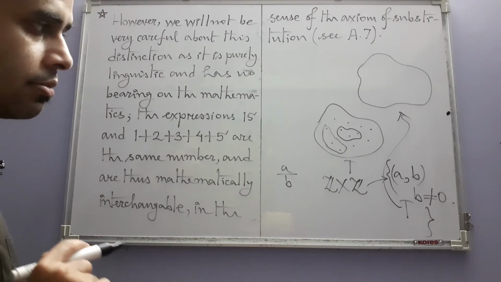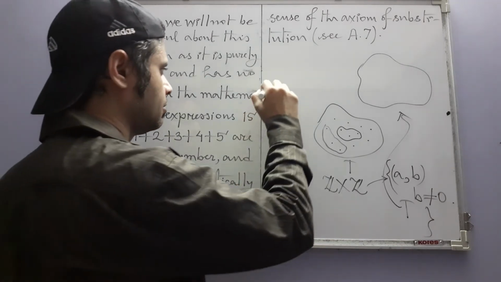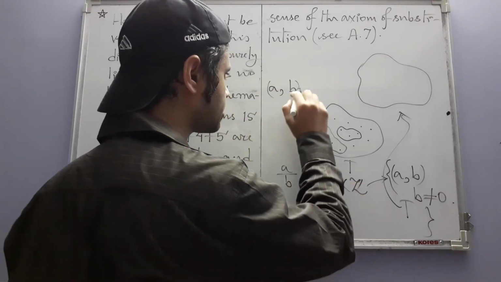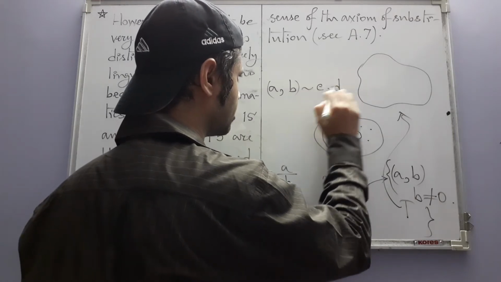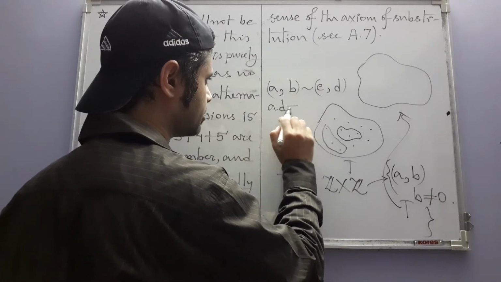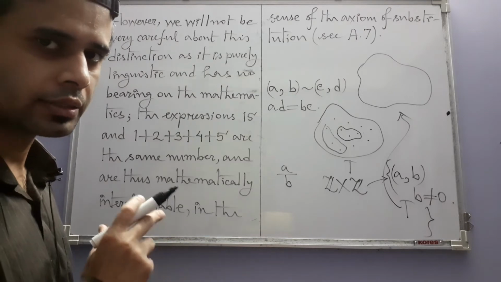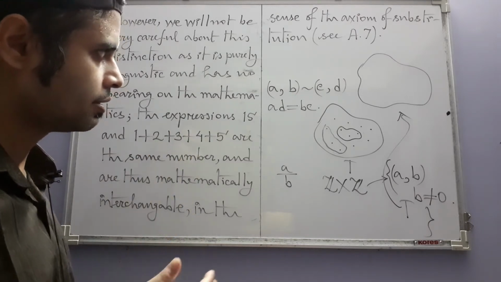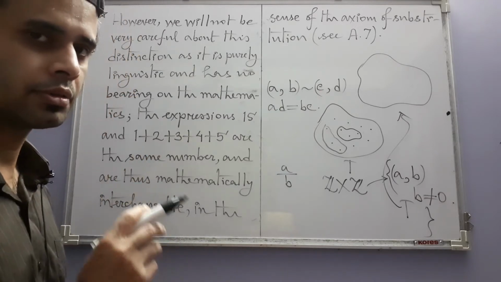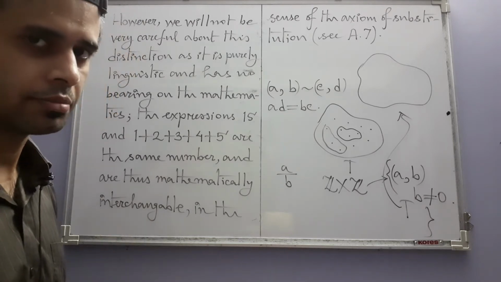And on this set we then defined a relation. What that relation tells us is that two such ordered pairs (a, b) and (c, d) are related if and only if ad is equal to bc. We then proved that this relation is an equivalence relation, and the equivalence classes are the things that ultimately gave us the system of rational numbers.